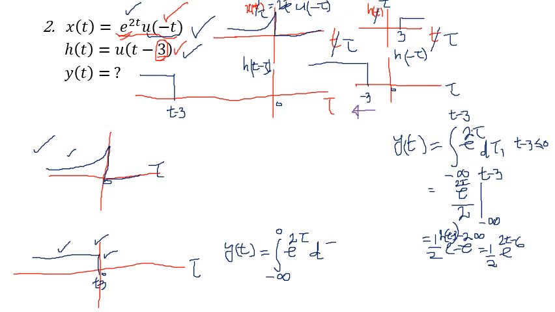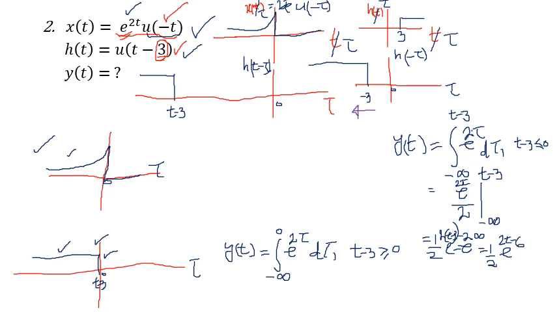And what is the range of t for this? The range is when t minus 3 is equal to or greater than 0. For greater than 0 this is fixed.